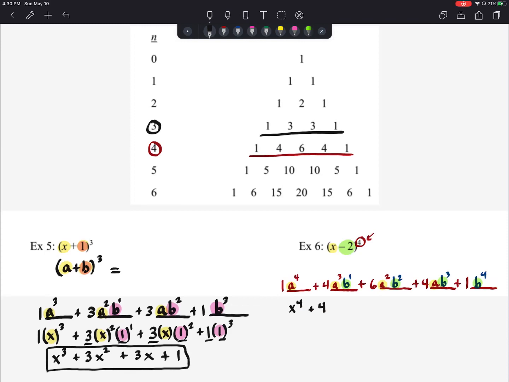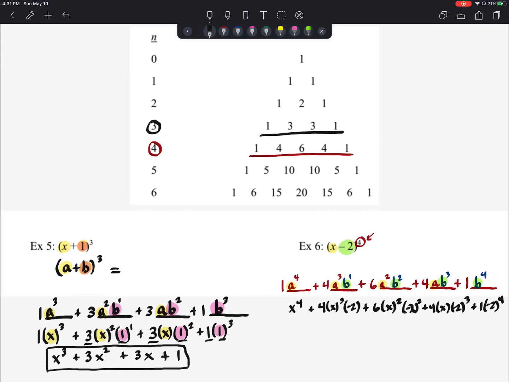And I have 4 times x to the third times negative 2. Make sure you put that negative inside the parentheses there with the 2. Now we've got plus 6 times an x squared times a negative 2 squared plus 4 times an x times a negative 2 to the third plus 1 times negative 2 to the fourth.